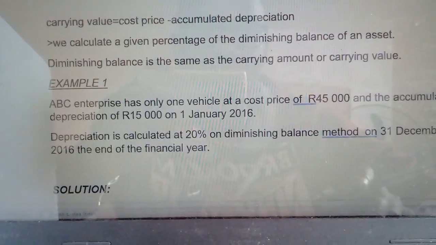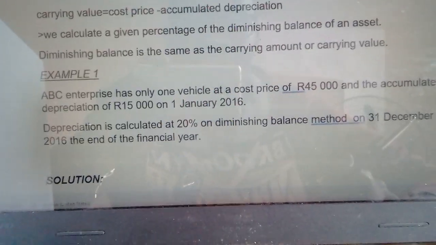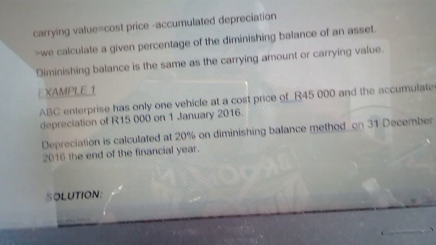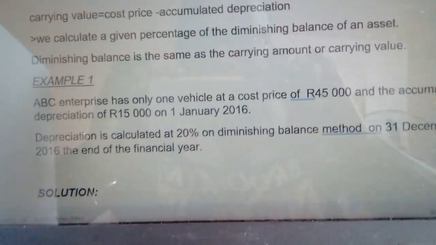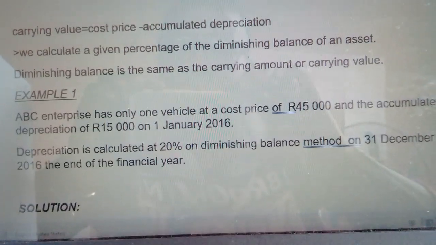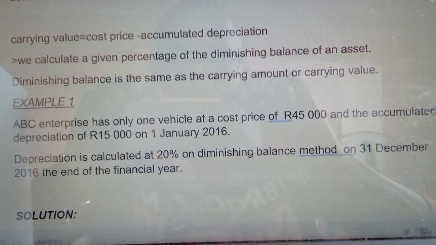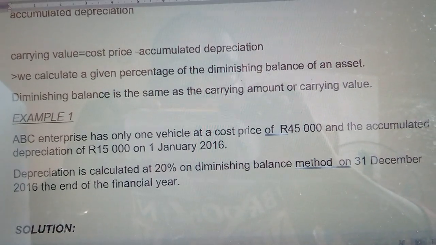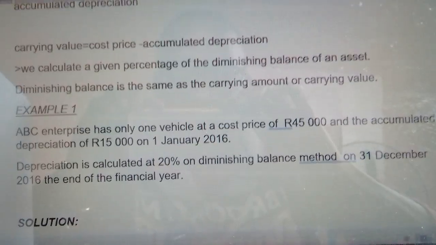Okay, example. ABC Enterprise has only one vehicle at the cost of 45,000 and accumulated depreciation of 15,000 at the beginning of the year, 1 January 2016. Depreciation is calculated at 20% on diminishing balance method, on 31 December 2016 at the end of the year.